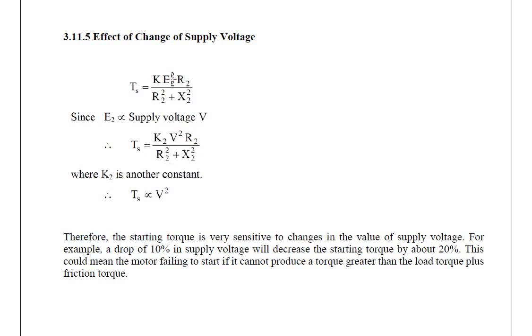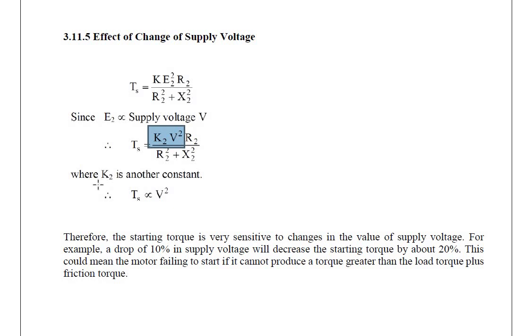Simple. K E2 square is replaced by K2 V square, because we know that E2 and V are not equal, but K E2 square and K2 V square are the same. So Ts is equal to K2 V square R2 divided by R2 square plus X2 square, where K2 is another constant.